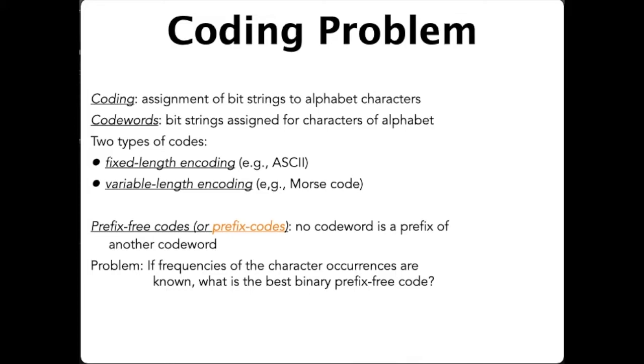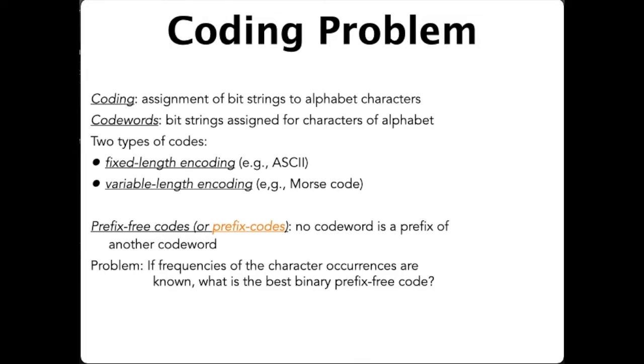The second type of code imposes a problem. The problem is, since we have a variable length encoding, when we read the encoded value of the message, we don't know when to say that this particular substring is still part of the first character or already part of the second character and so on.